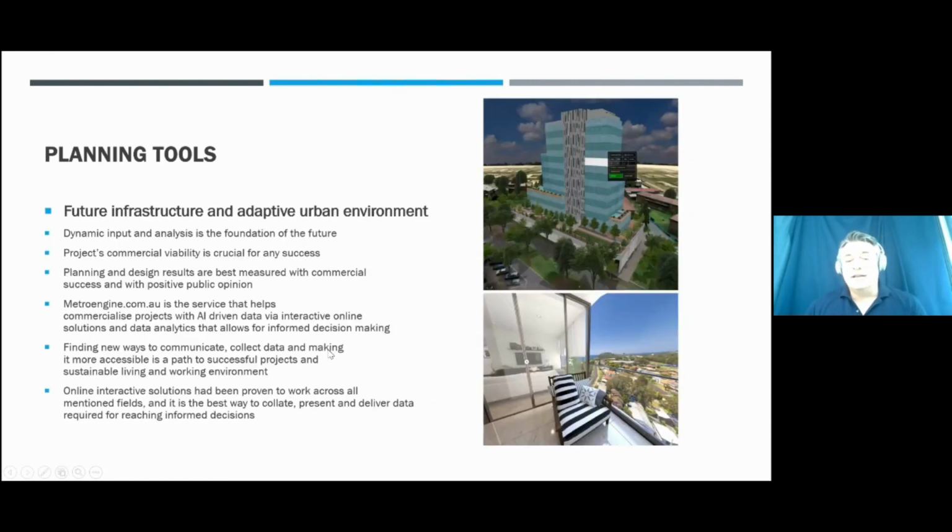And now we're moving to the actual last stage of the entire process, because all the projects that we're working on need to be commercially viable. And in order to succeed as a planner, you need to be able to achieve commercial and social success as well. That means that people will love what you did and they want to stay in that area.